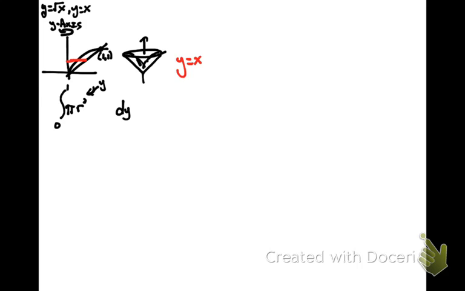So the first part of our integral, from 0 to 1, I'll bring the pi out now, will be of y squared, because that's the outside edge of our object.